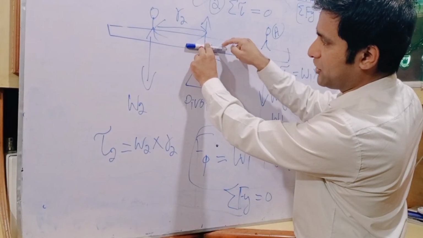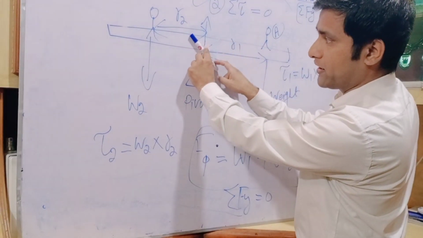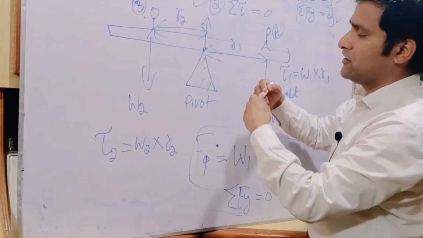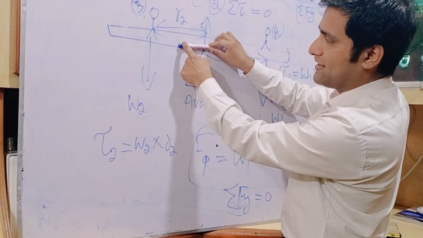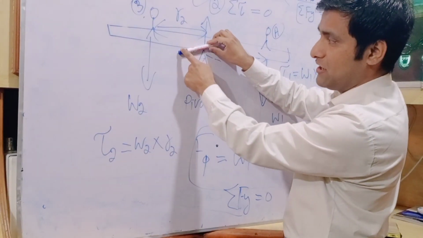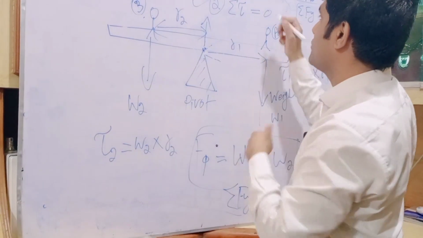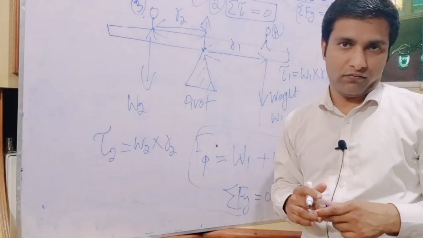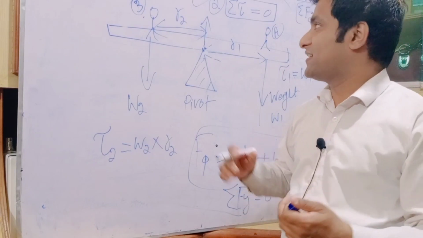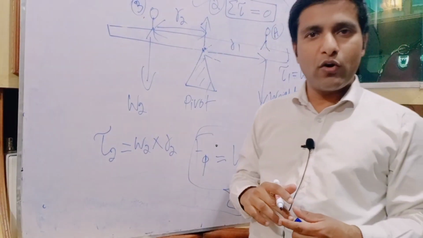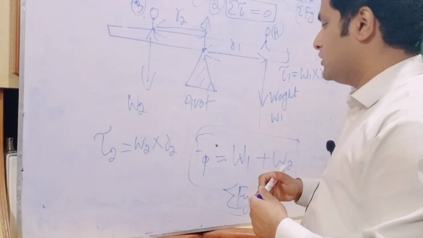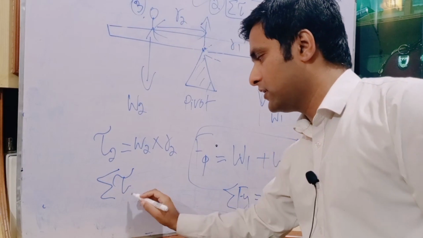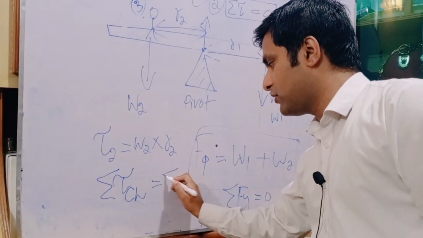This is clockwise torque, and when child B sits over here, he produces anti-clockwise torque. According to this condition, both these torques must be equal. In other words, the sum of all the torques about an axis must be 0. So the sum of the clockwise torques is equal to the sum of the anti-clockwise torques.